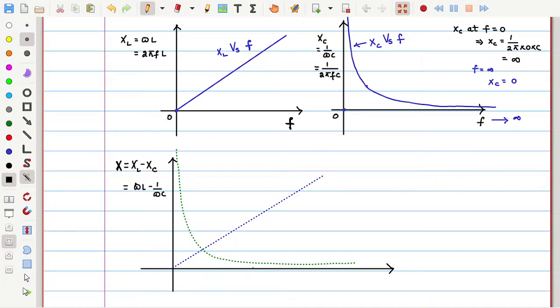These dotted lines correspond to XL and Xc alone.